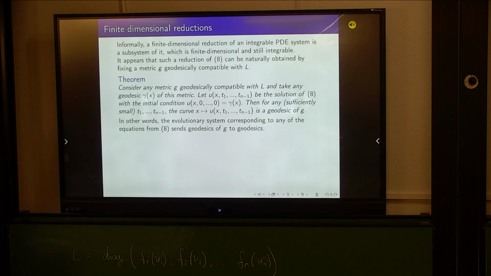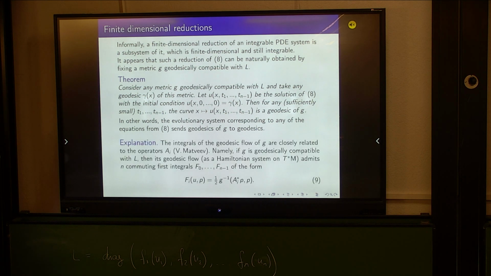And why is that? Because these operators are in fact Killing tensors for the metric G. For all metrics G which are geodesically compatible with L, these operators are Killing tensors.